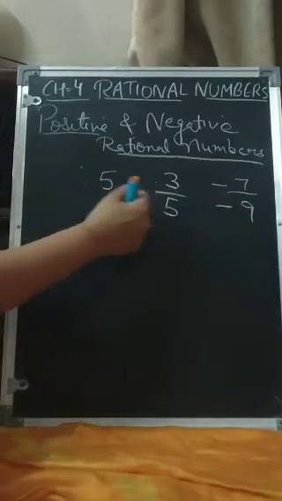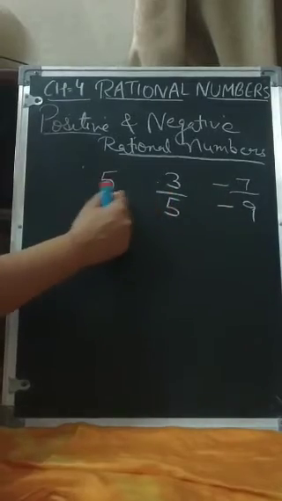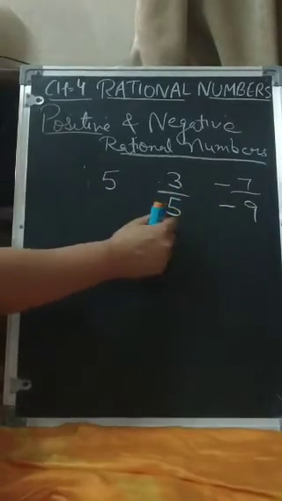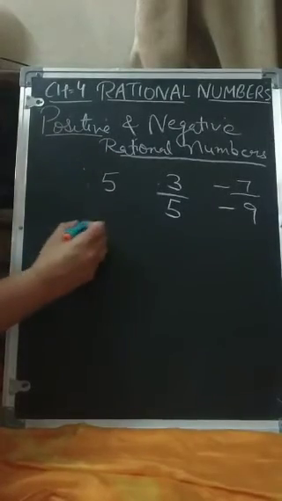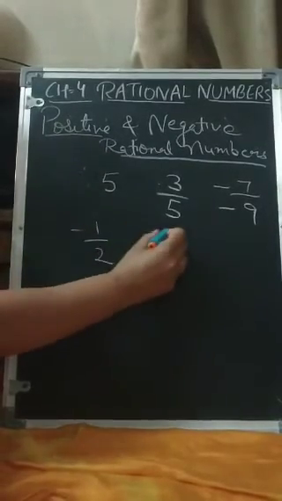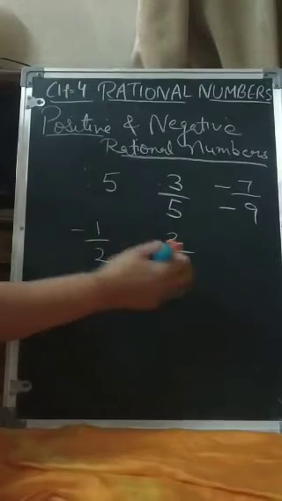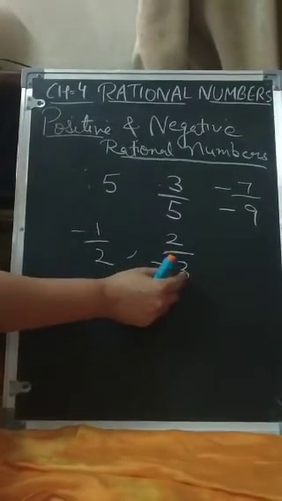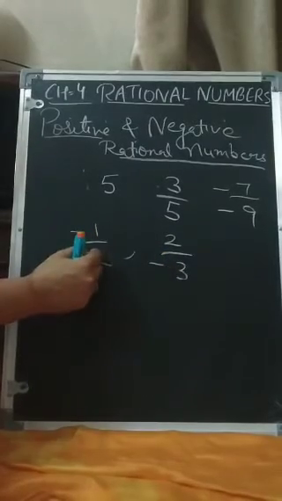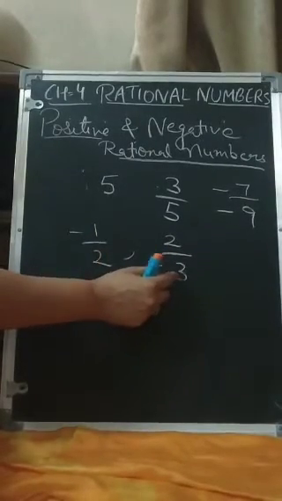This type of rational number is called a positive rational number. And what are negative rational numbers? When either the numerator or the denominator is negative, like minus 1 over 2 or 2 over minus 3, this type of fraction is called a negative rational number.